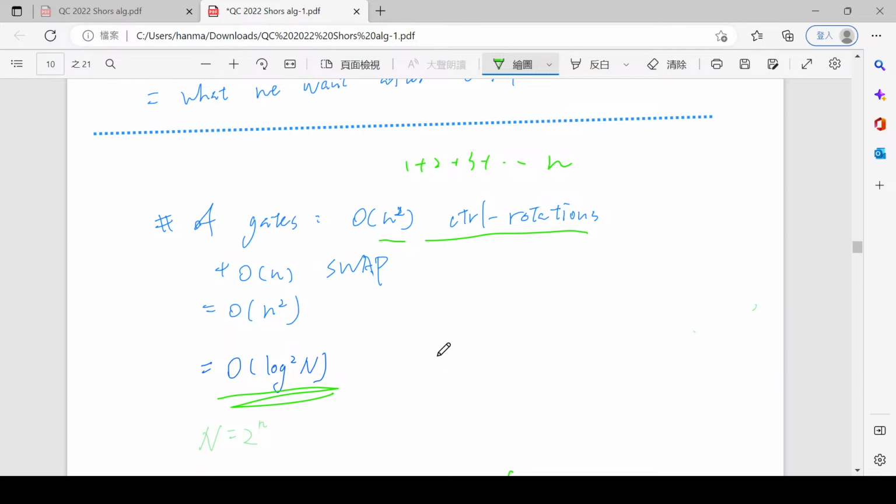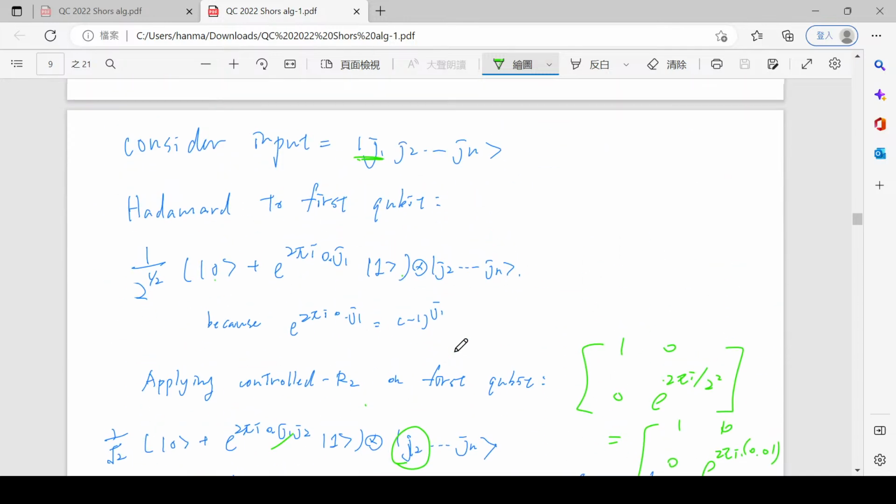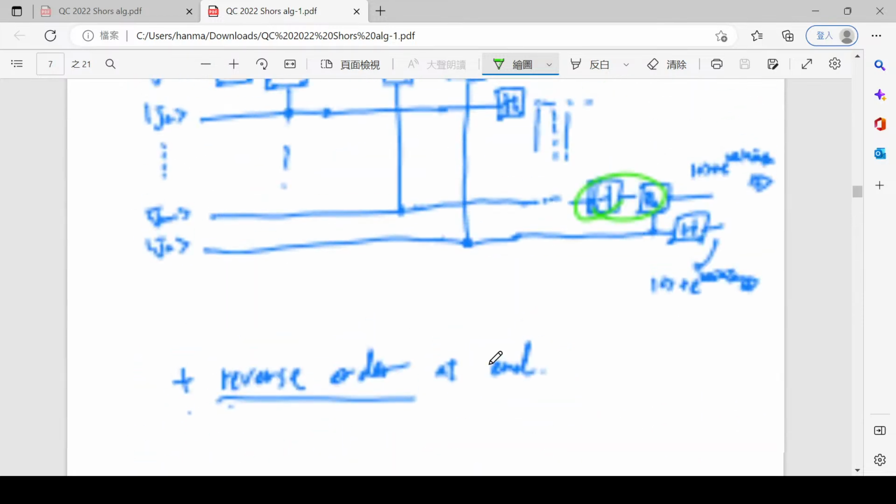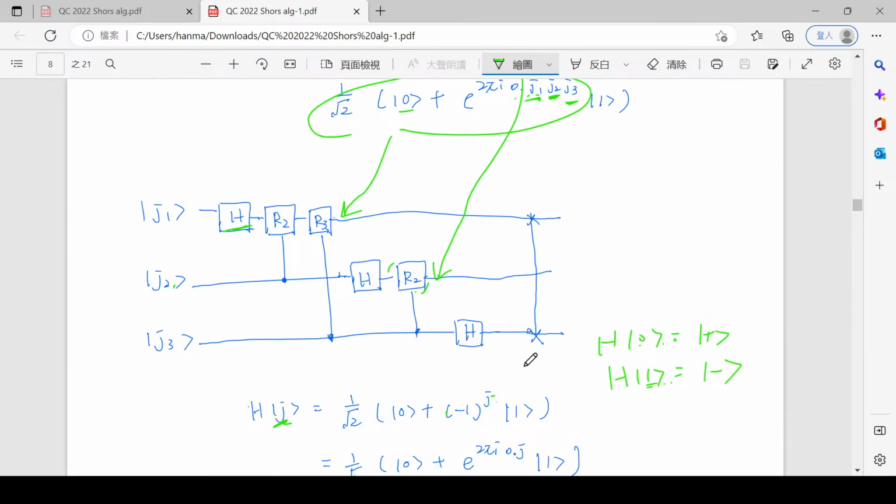Okay, let's get back. So, a small recap. In this class we showed that we can have an efficient construction of the quantum Fourier transform by doing this Hadamard, controlled rotation, Hadamard, controlled rotation, Hadamard thing.